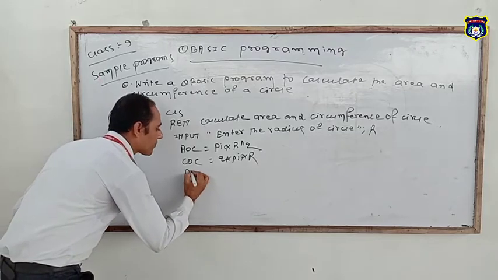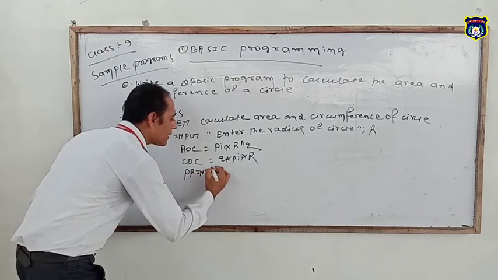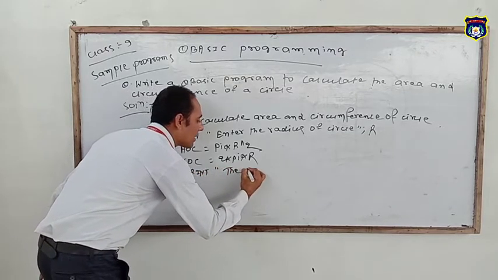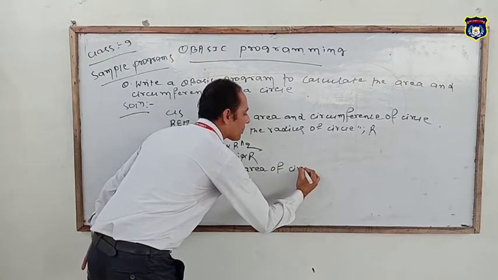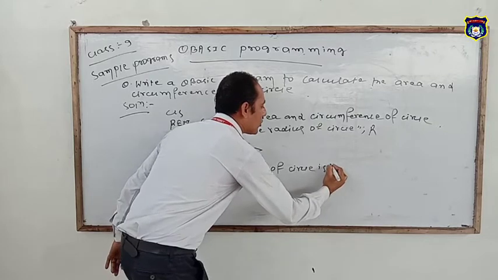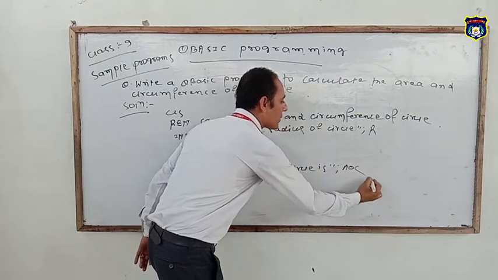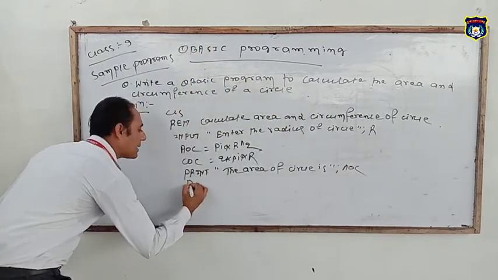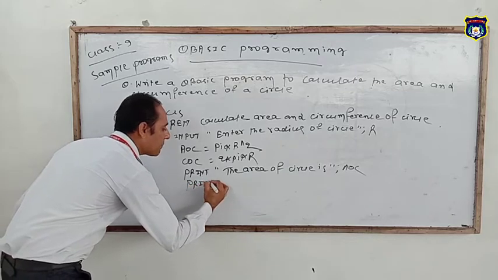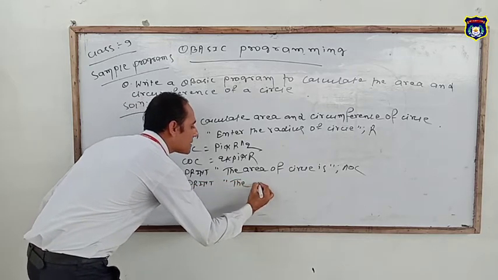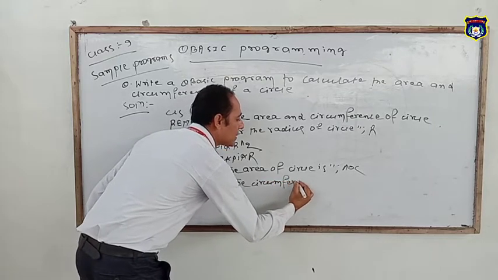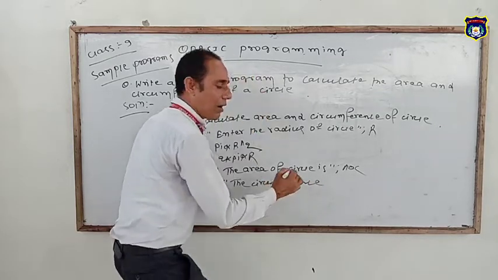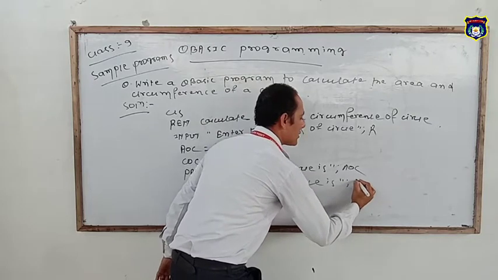Now print it. PRINT "The area of circle is"; semicolon AOC. And the next PRINT statement prints "The circumference is"; semicolon COC.